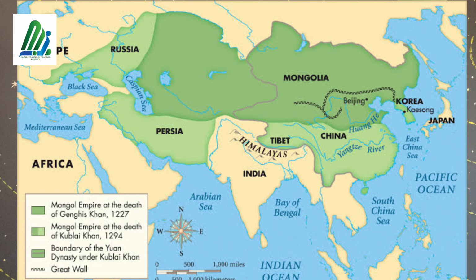Then another important geographical feature of this Mongol Empire was that this region has vast grasslands, or we can say vast meadows.